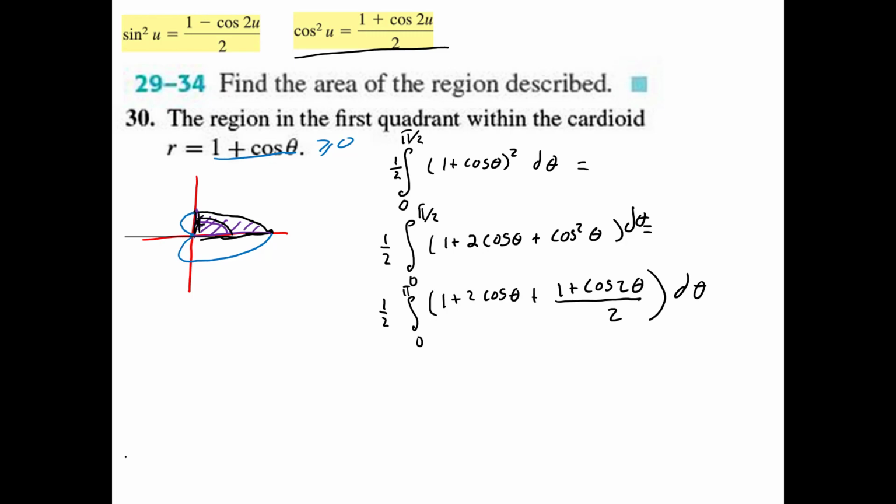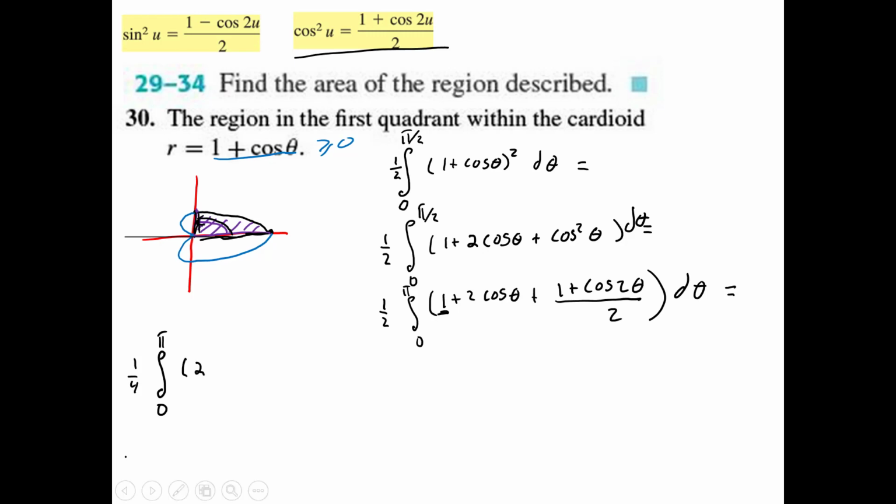Now I'm going to factor out a 1/2 just to make the arithmetic a little easier. So that will give me a 1/4 out here. And then we have the definite integral from 0 to pi over 2. I used to have a half; I factor out a half, and here's how you do that. You just ask yourself, a half times what will give me 1? That would have to be 2.